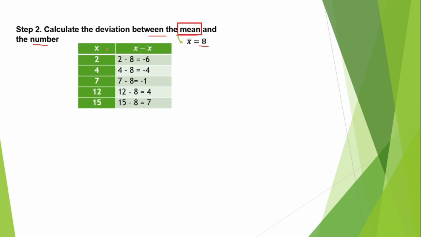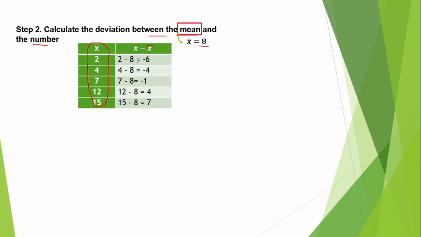So, here is our table. This x represents the number in the sample. So, we have 2, 4, 7, 12, and 15. And in step 2, we need to get the difference between the mean and the number. So, we have x minus mean. The given number is subtracted by the mean.